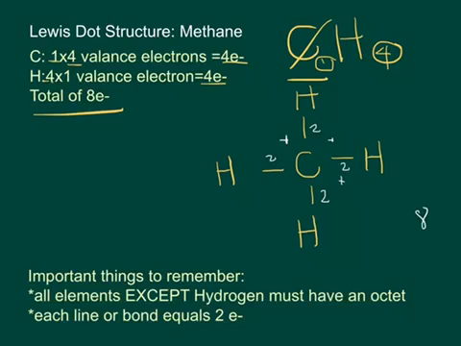So it shows that carbon has 8 electrons, and then hydrogen has its duet, right? So all of these terms are satisfied. Our hydrogen has 2, and carbon has an octet, which is 8 electrons. So this is what our Lewis dot structure should look like.